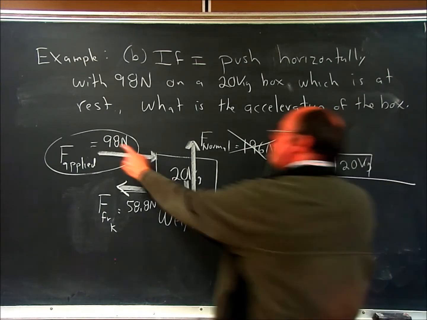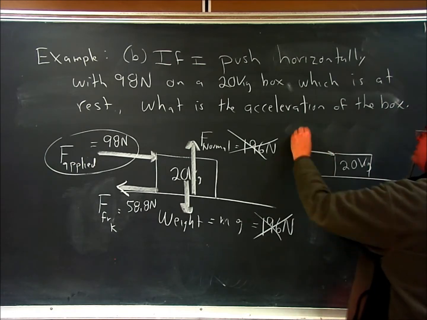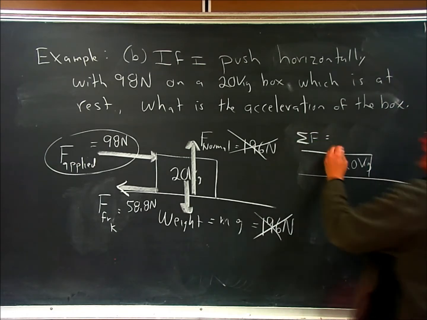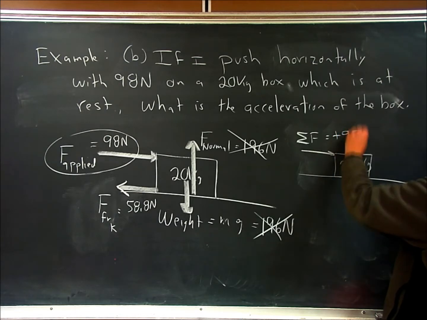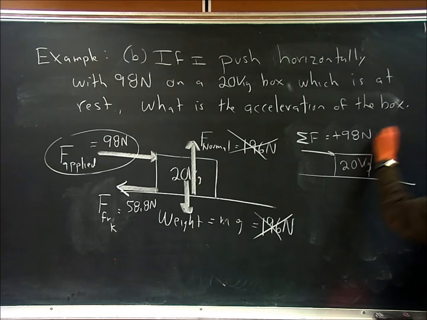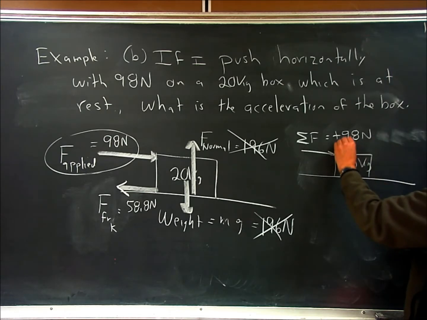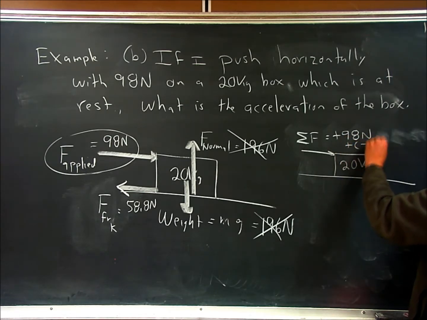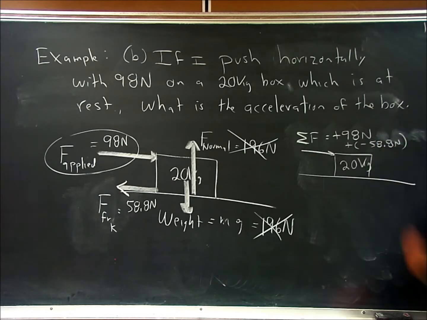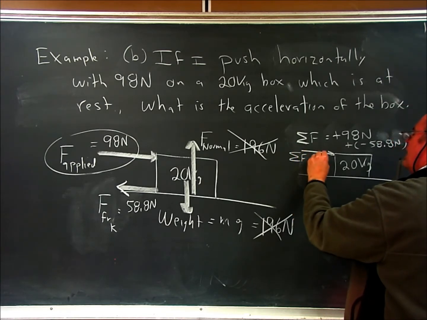The force going to the right will cancel a little bit of the force going to the left. So I can get my net force by saying sigma F, the sum of the forces, equals plus 98 newtons plus a negative 58.8 newtons. And when I do that, the sum of all these forces would be a positive 39.2.